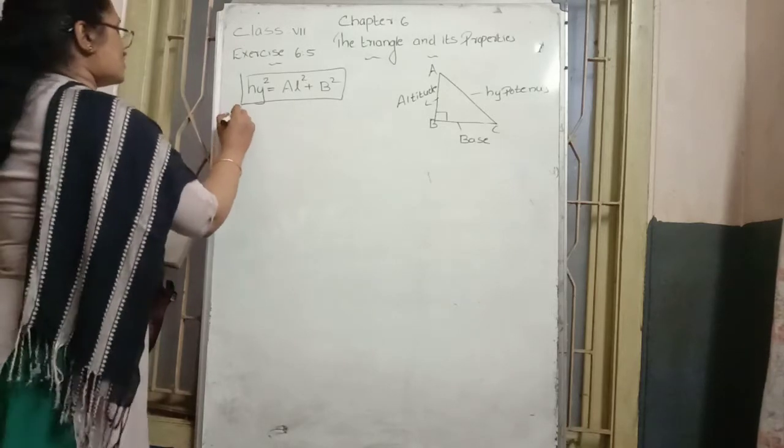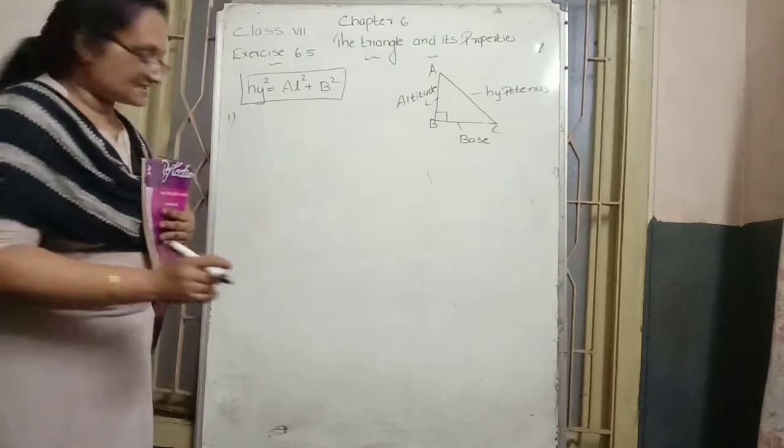The first question is given: PQR is a triangle.